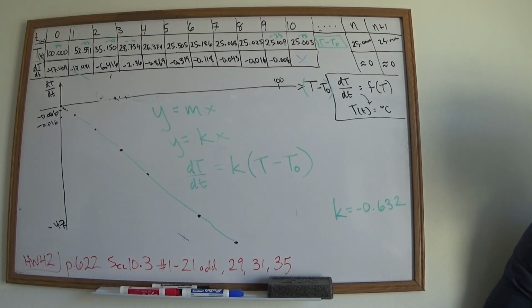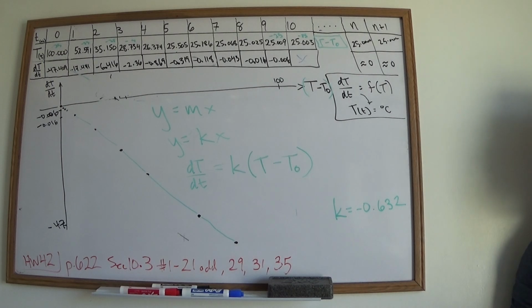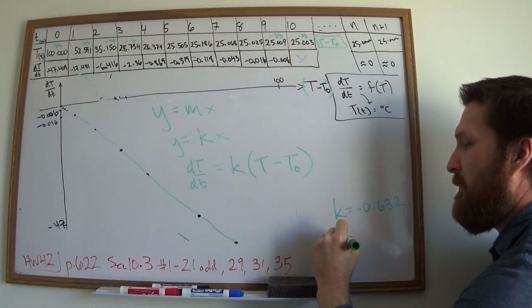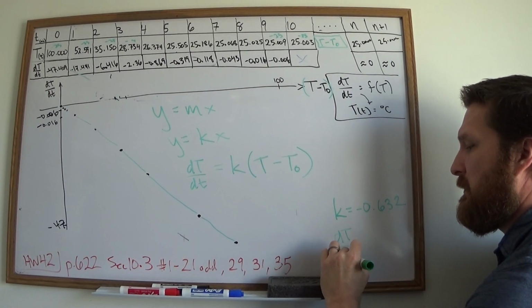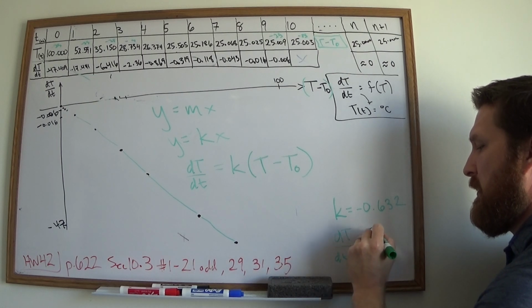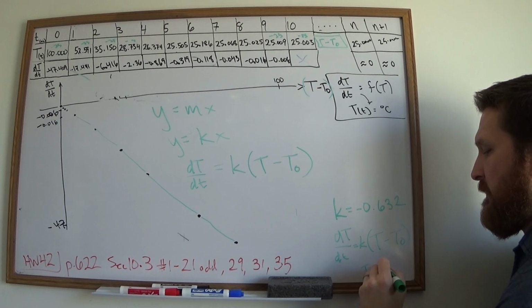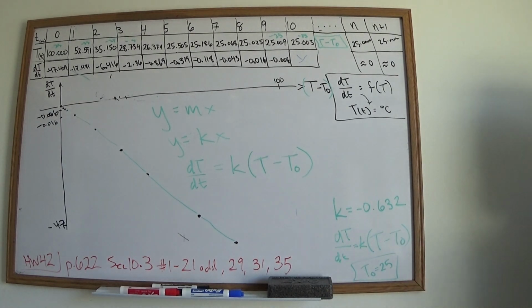Now let's solve it. We have not talked about how to solve these things yet. I'm going to keep it here. We found dT/dt is k times (T minus t0), where t0 is 25. All right.